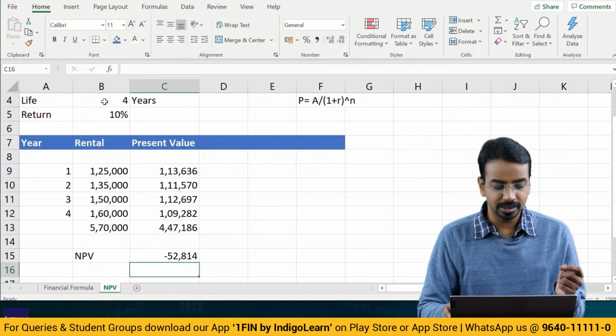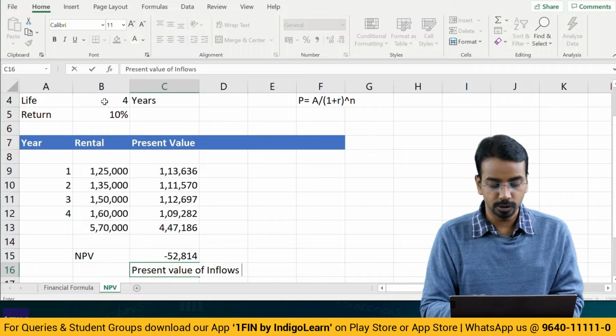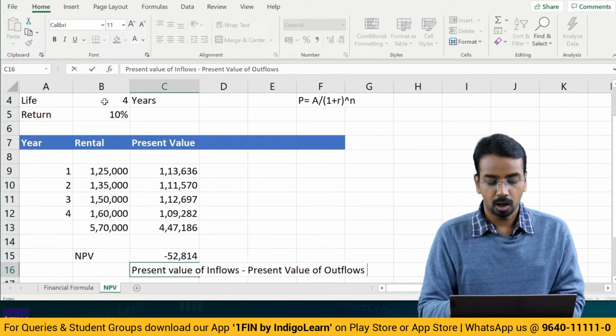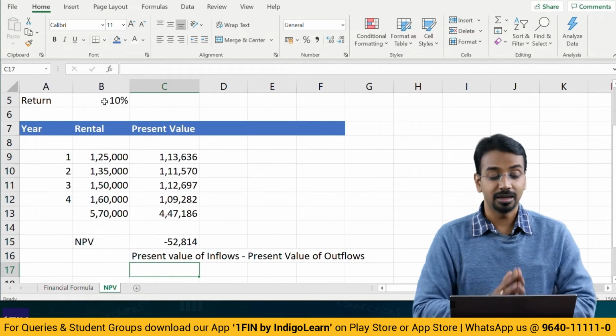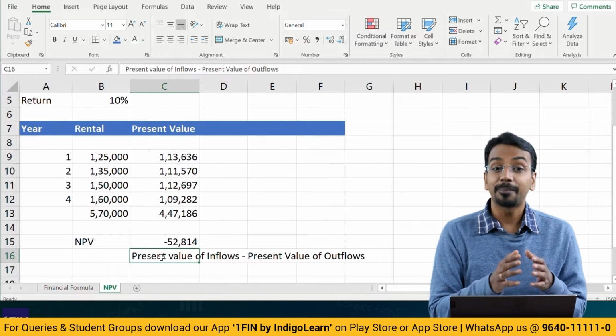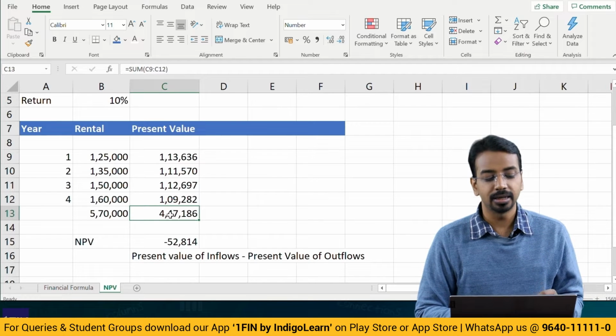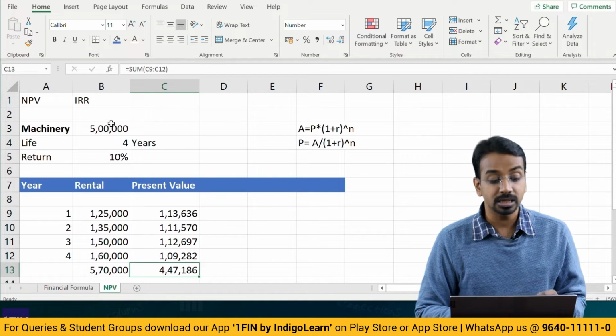Now how did I get this? NPV was nothing but present value of inflows minus present value of outflows, right? So whatever is the present value of inflow, in our case 4,47,186, minus whatever is the present value of outflow, which is 5 lakhs.